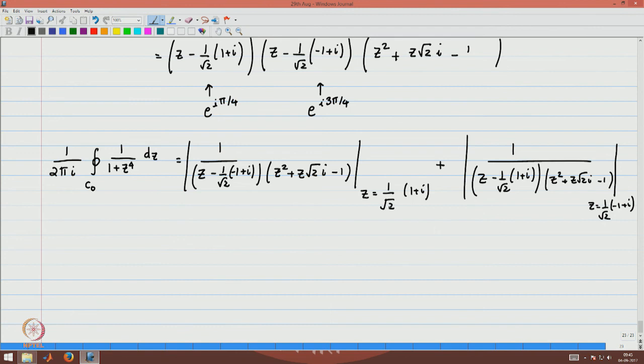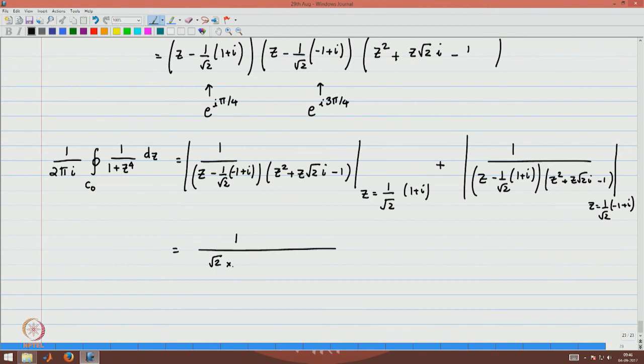So, now when I put z equal to 1 by root 2, 1 plus i, I will get 1 by root 2, 1 plus i and minus 1 by root 2, minus 1 plus i. So, the i terms will cancel. What I will get here is 1 over, the first term will become just 2 by root 2, that is root 2. The second term, if I put z equal to 1 by root 2, 1 plus i and square it, that will give me square of this term.